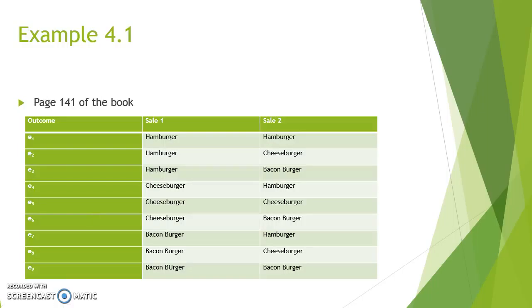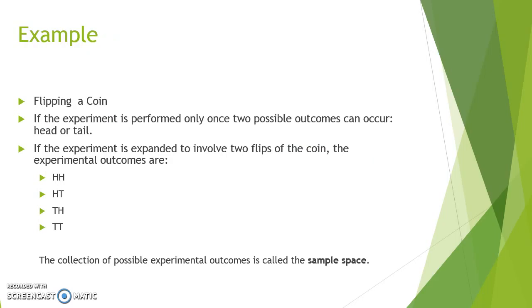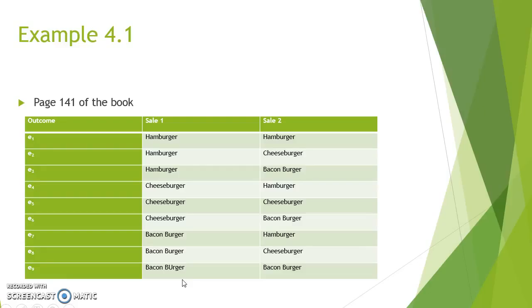Now, if you look at example 4.1 on page 141 of your book, you see that it tells you how to define a sample space. And a sample space, again, is the collection of possible experimental outcomes. For example, Five Guys hamburgers, the restaurant Five Guys, which I'm assuming everybody knows.